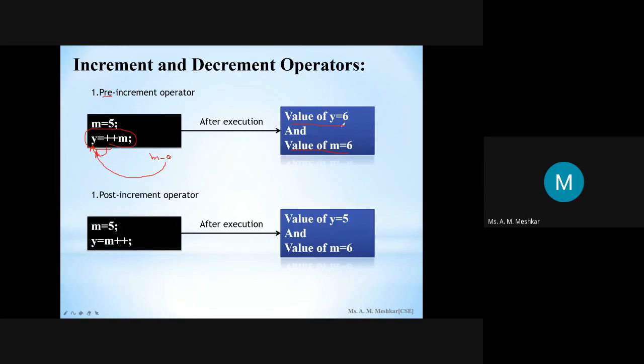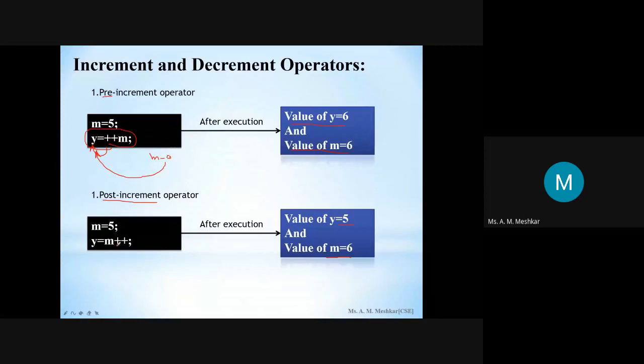Then let us look at the post-increment operator. I have taken the same example, m equals to 5, y is equals to m plus plus. After execution, the value of y becomes 5 and the value of m becomes 6. In post-increment, m is initially 5.